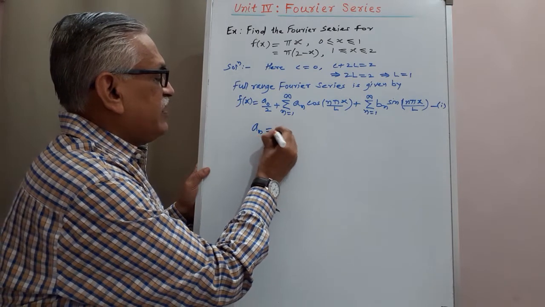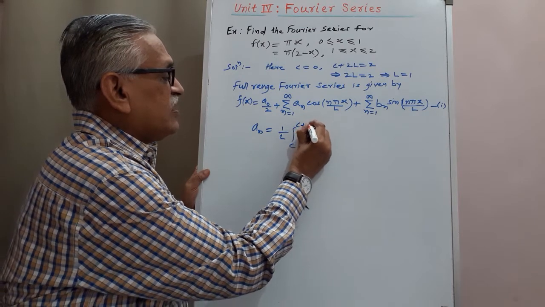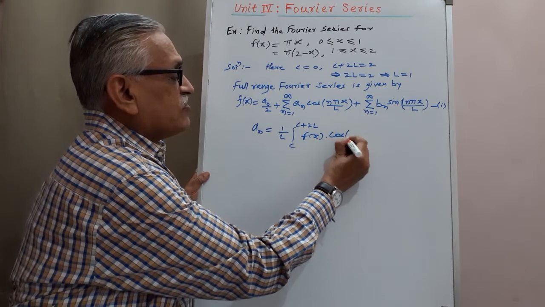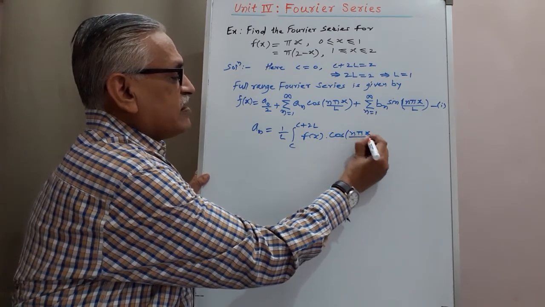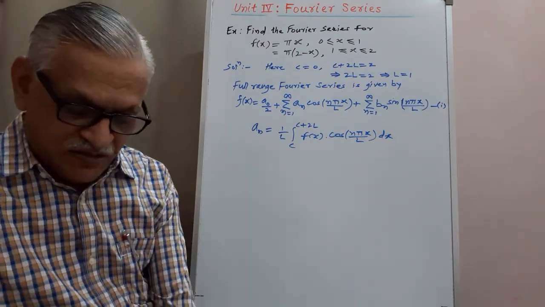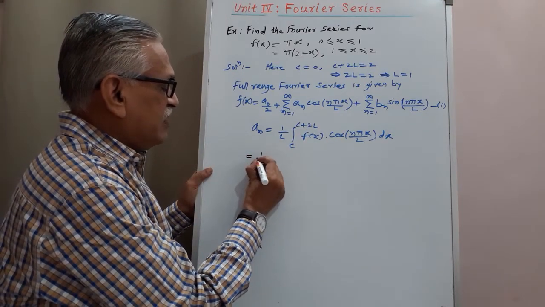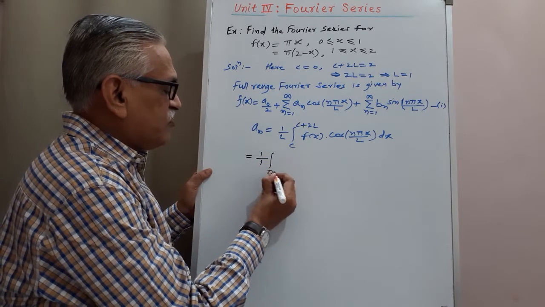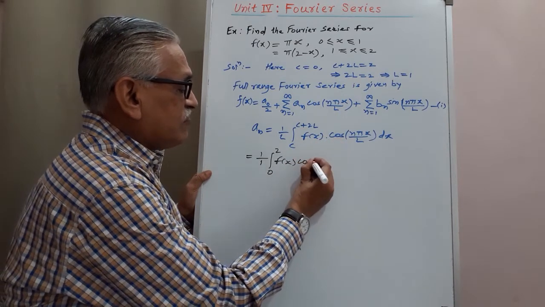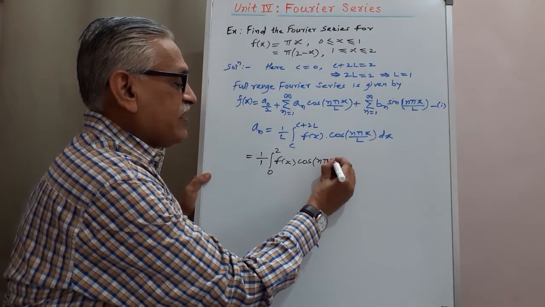An is given by 1 by L integration from c to c plus 2L of f of x into cos(n pi x by L), and its integration with respect to x. Substituting the values, we get L is 1, integration from 0 to 2 of f of x into cos(n pi x by L), and L is 1, therefore it becomes n pi x.